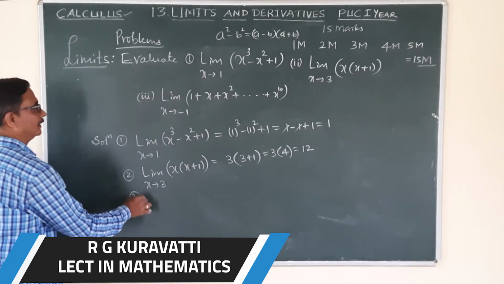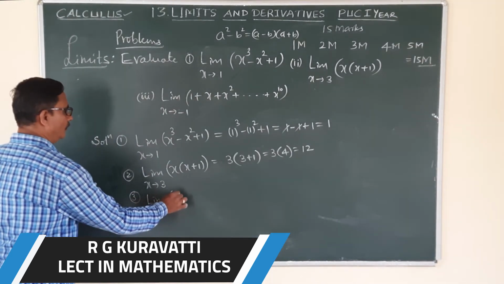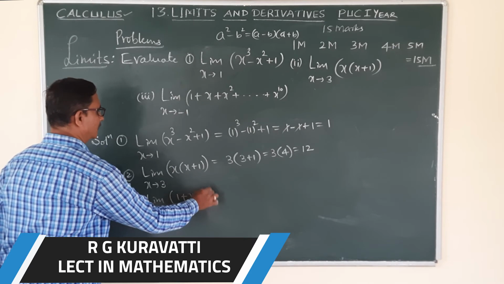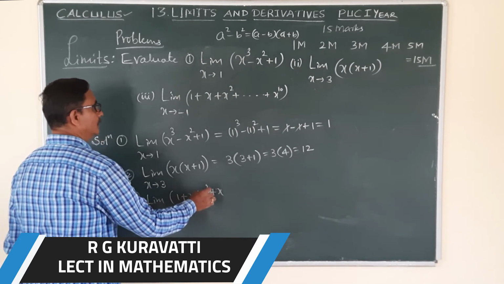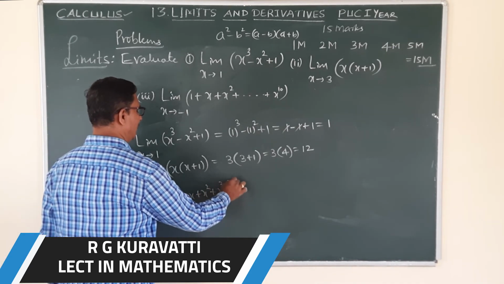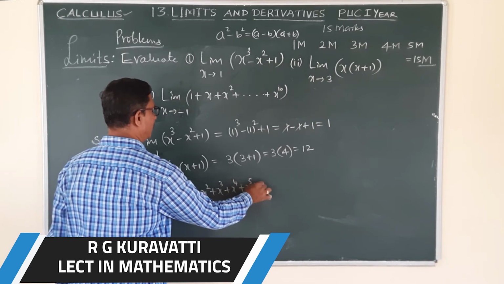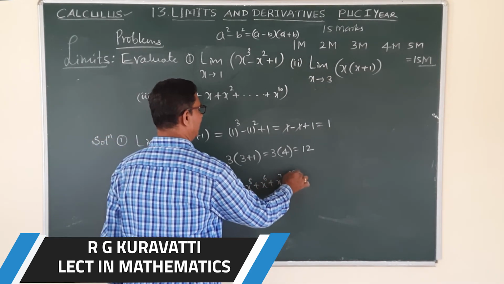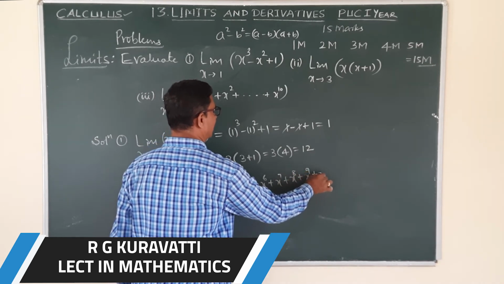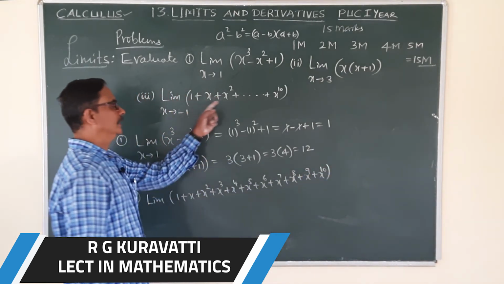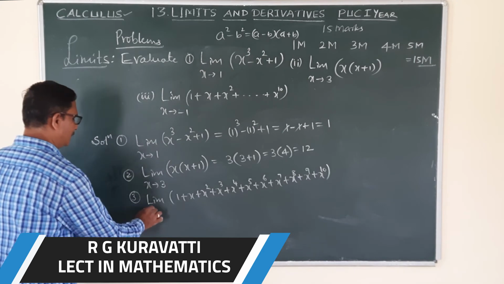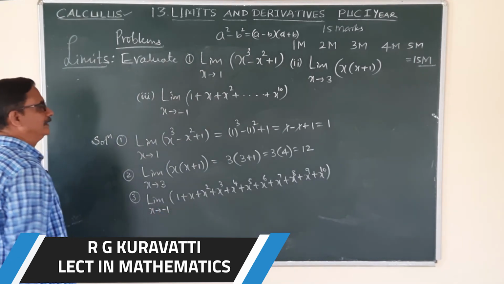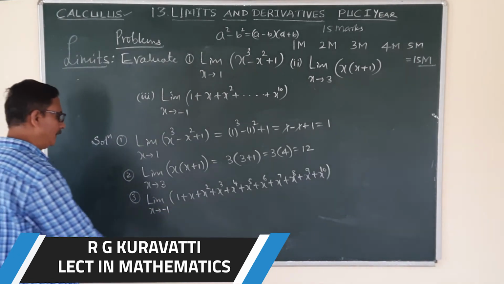Whereas the third one, the limit of 1 plus x square plus x cube plus x power 4 plus x power 5, x power 6, x power 7, x power 8 plus x power 9 plus x power 10. Totally 10 terms. As x approaches minus 1. Put x equal to minus 1.